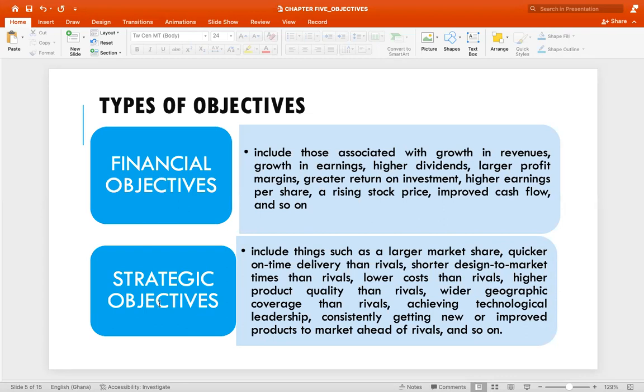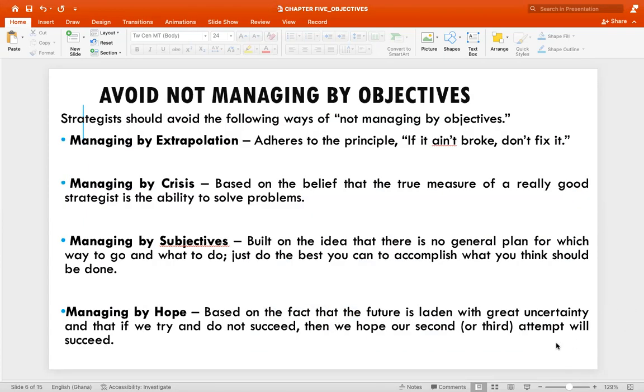And yet the share prices will be going up because astute investors know that what is really important is the achievement of strategic objectives. The day that company decides to pay dividends, it will have covered for all the years that they kept investing and growing that particular firm or company. Okay, so these are two critical types of objectives that we have to know within the context of strategic management.